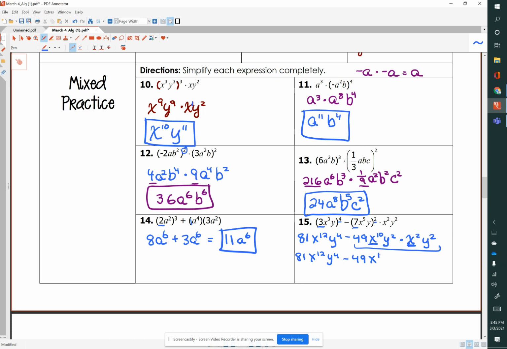That would be x to the 12th. y squared times y squared is y to the 4th. So now we have like terms that we can easily subtract these monomials. So 81 minus 49 is 32, and that's 32x to the 12th power, y to the 4th power.